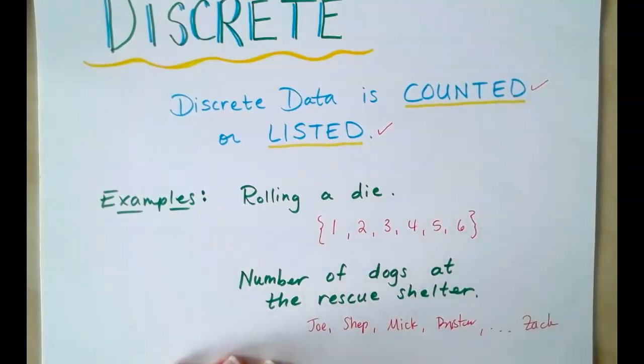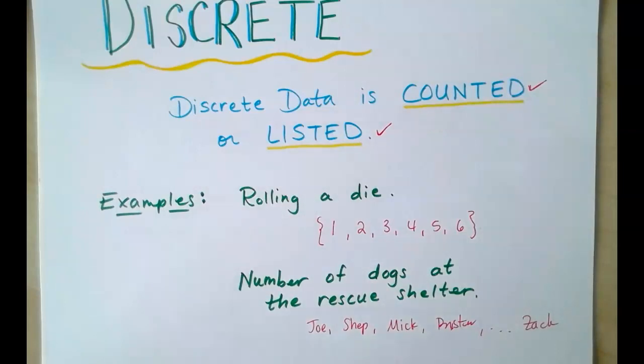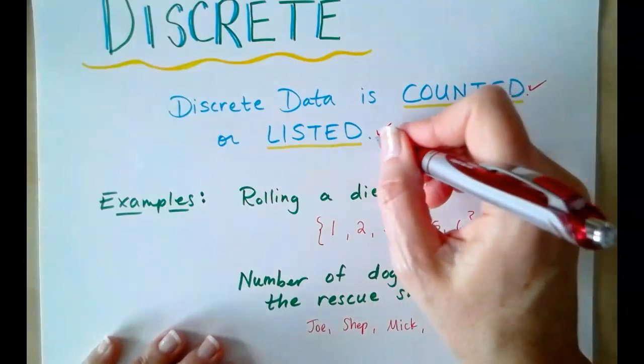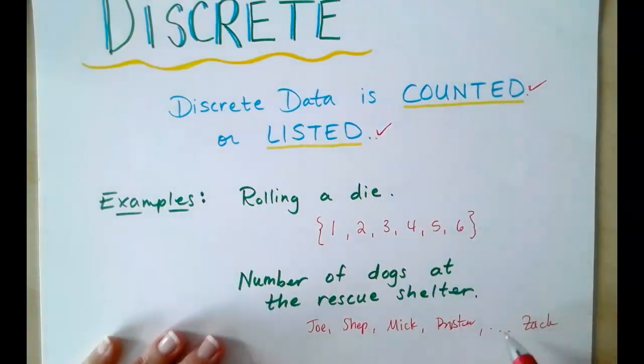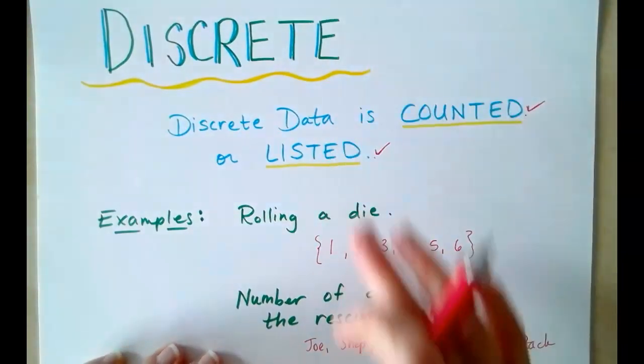Now, these are all names of dogs, and the dogs can be counted or listed. We would not say that there are 3.75 dogs at the rescue shelter because we only count whole dogs. That's why we're able to count them or list them. List them by name or count them by number. So those are discrete data.